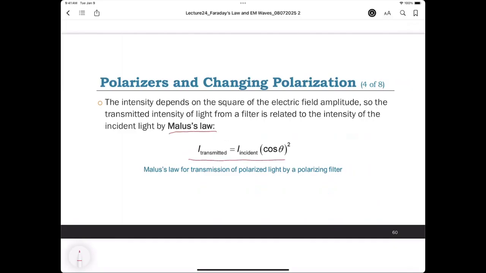We use this equation: intensity of transmitted light equals intensity of incident light times cosine theta squared. We call this Malus's law, for transmission of polarized light by a polarizing filter.